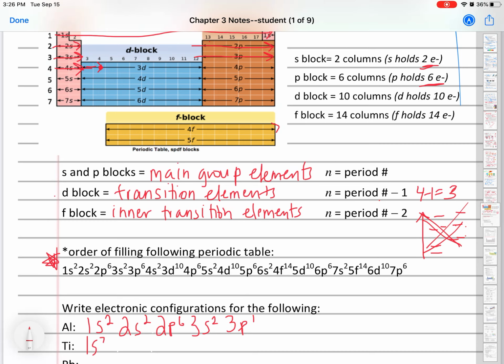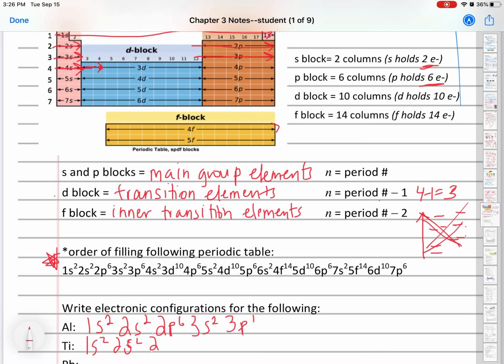So we're just going to write that out. 1s2, 2s2, 2p6, 3s2, 3p6, 4s2, and then 3d, 2 places in, 2 electrons.